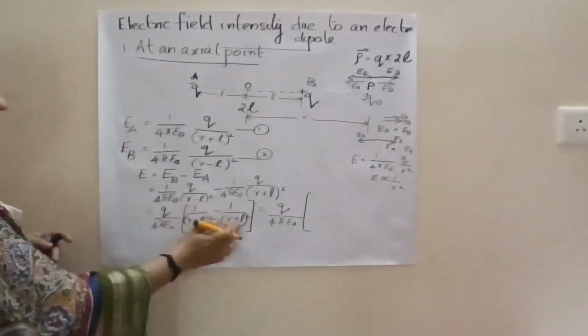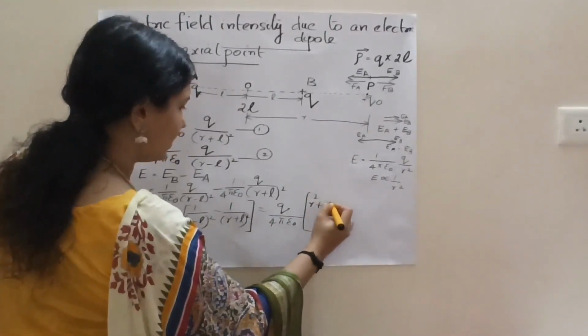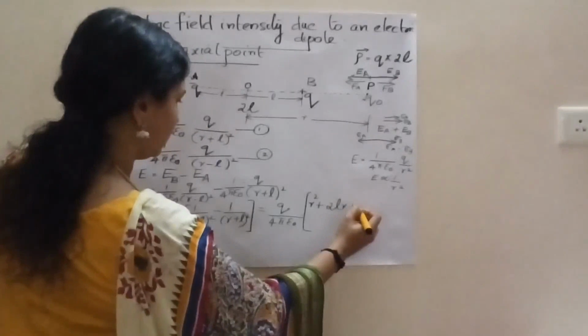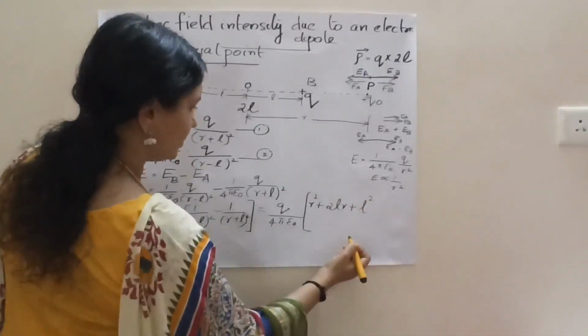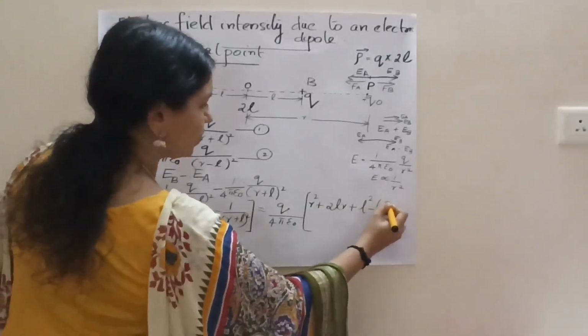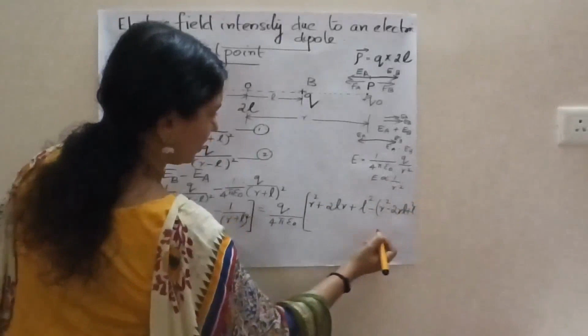So if you are doing the expansion, I can write here r square plus 2lr plus L square, isn't it, minus r square minus 2rl plus L square.